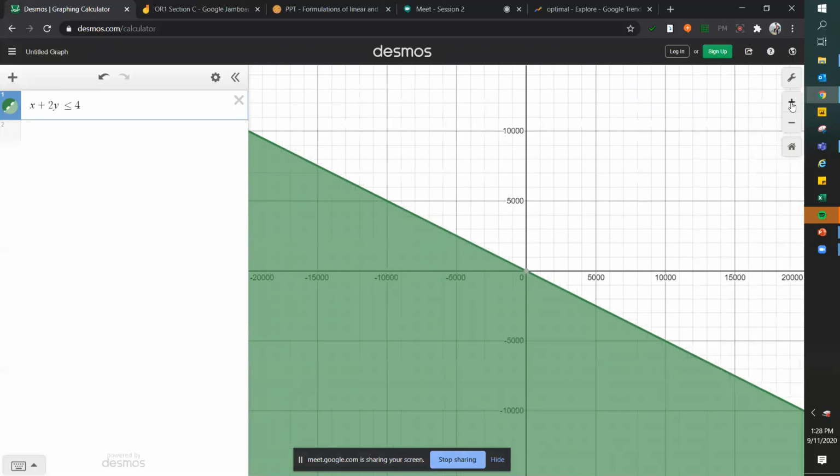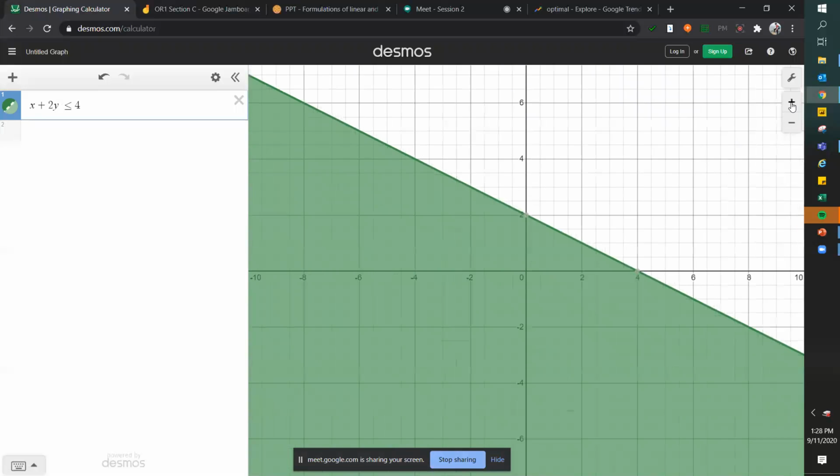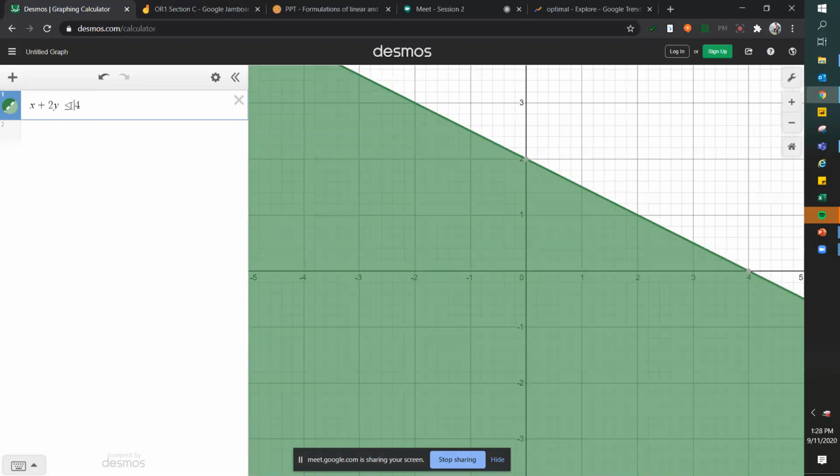Okay? Now, pag change ko siya sa ganyan, kita nyo yung dotted line? So once again, that 0, 2 ay hindi included dun sa area na sakop nito or hindi valid sa x plus 2y less than 4. Questions? Clear naman po?